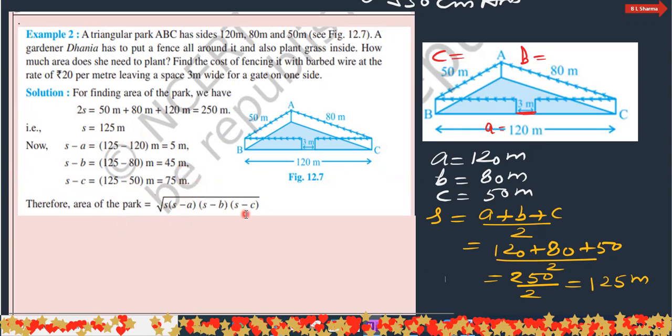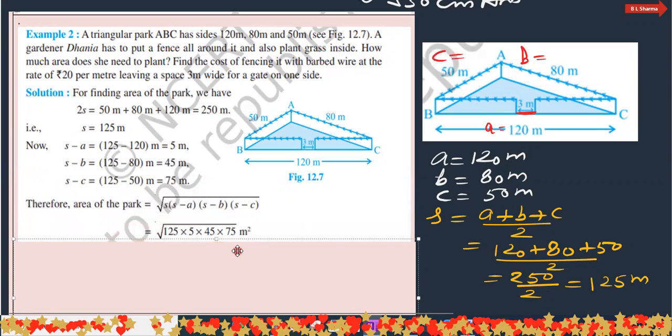In place of s minus c, we can put 75. And now we have to calculate: s is 125, s minus a is 5, into s minus b is 45, into s minus c is 75. That is 375 root 15.